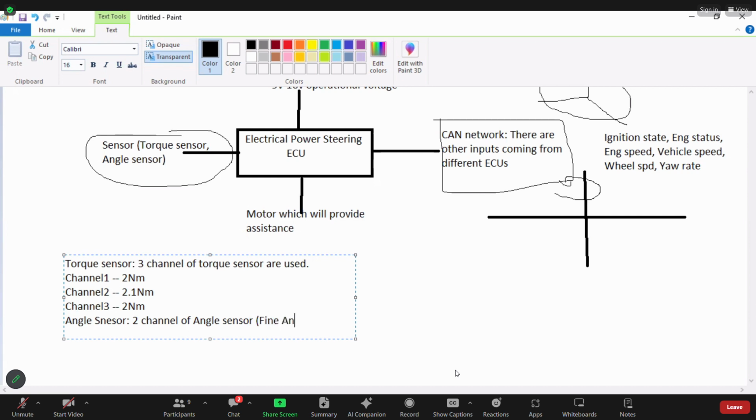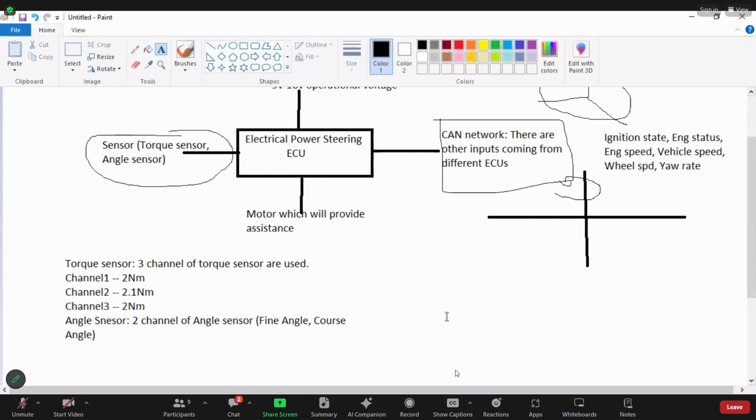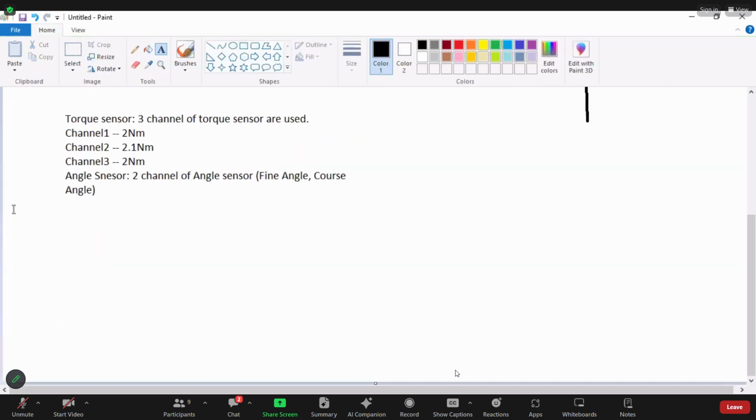Fine angle and coarse angle. Both will calculate, and based on both, it will calculate how much the driver wants to rotate the wheel. Understood? So now let's assume there is a failure observed.